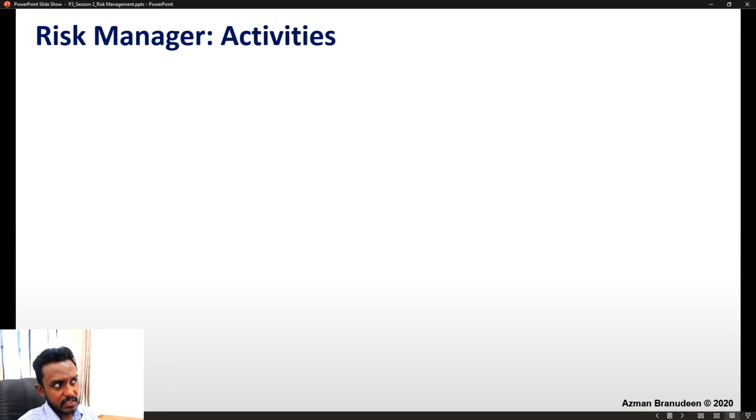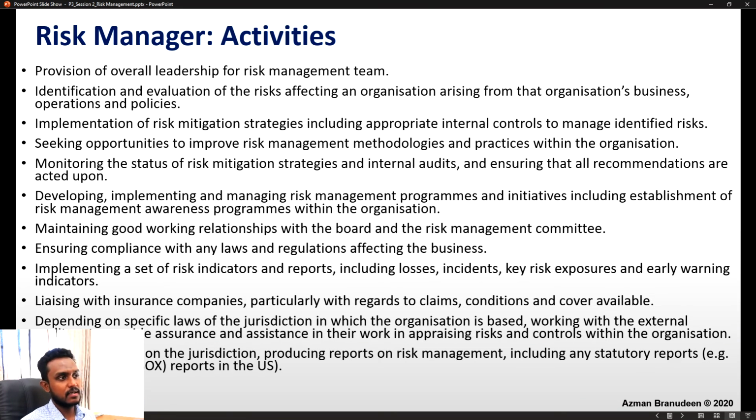The risk committee works through a risk management team, and that team is headed by the risk manager. Now, what are the activities the risk manager does? Let's take a look. The risk manager provides the overall leadership for the risk management team, obviously. Identify and evaluate risks affecting the company arising from that organization's business, operations, and policies.